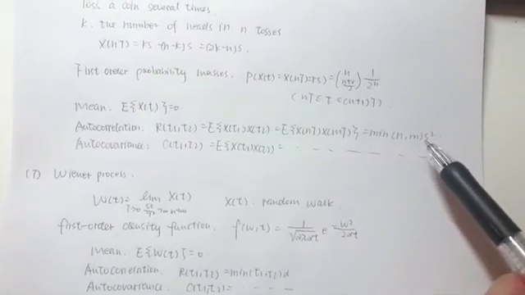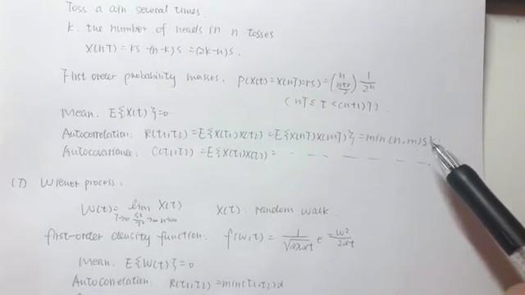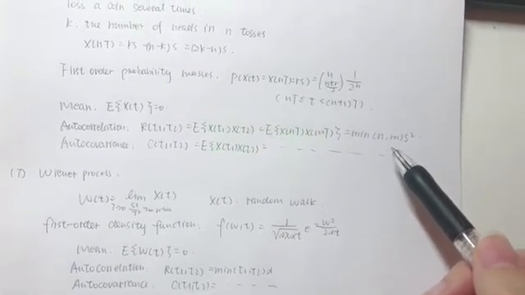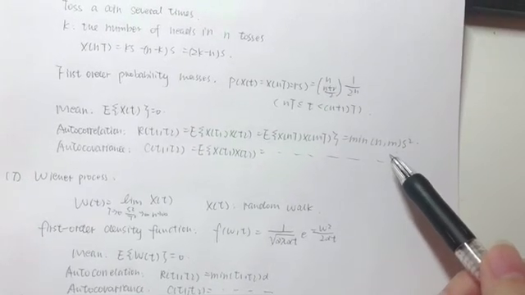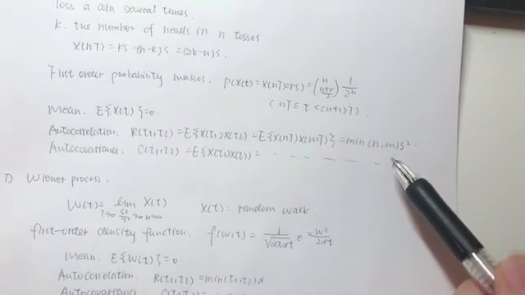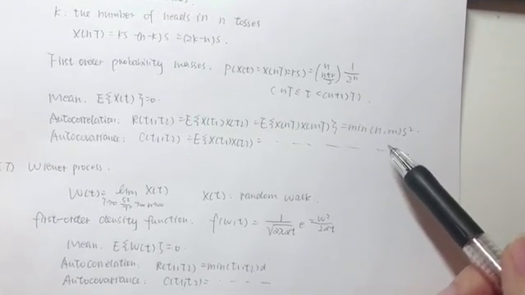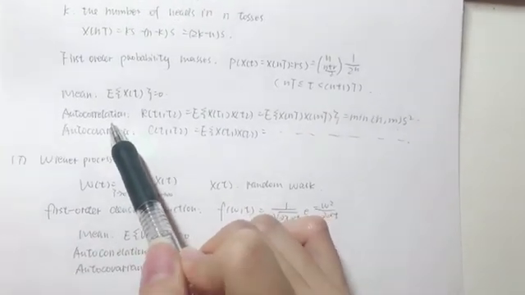In this process, we can guess that when n goes to infinity, we will have a Gaussian density. Now look at the autocorrelation function.